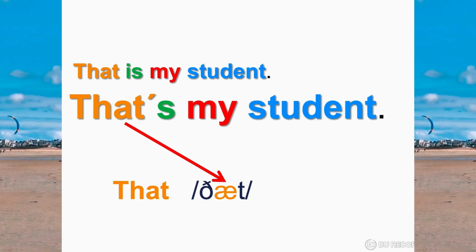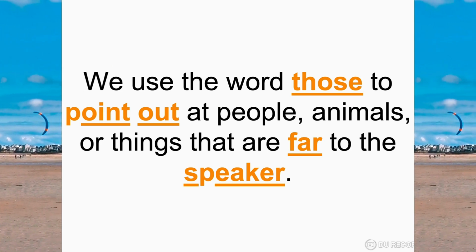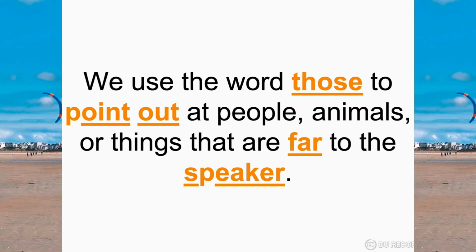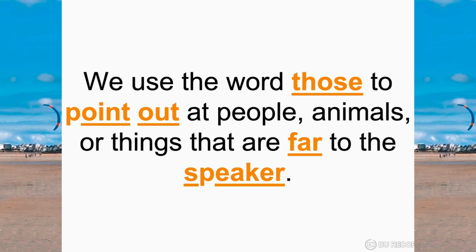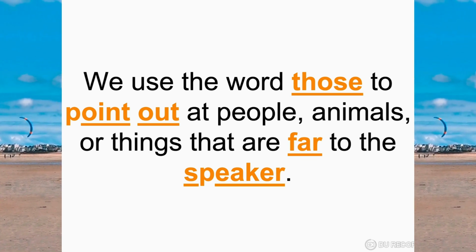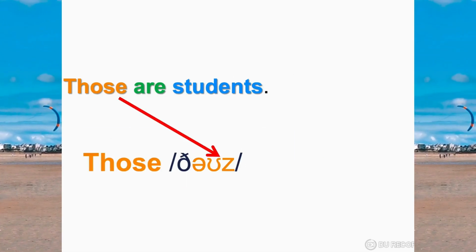It's far. Let's continue. We use the word those, the plural of that, to point out or to show people, animals, or things that are far from the speaker. Let's see.